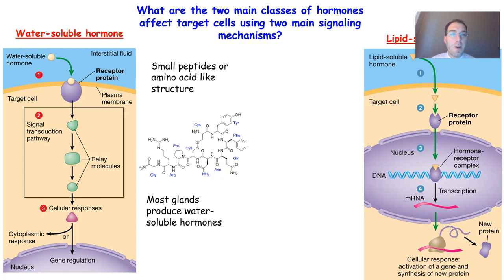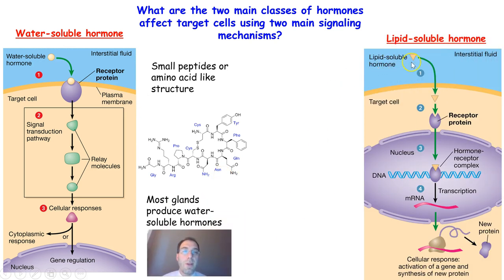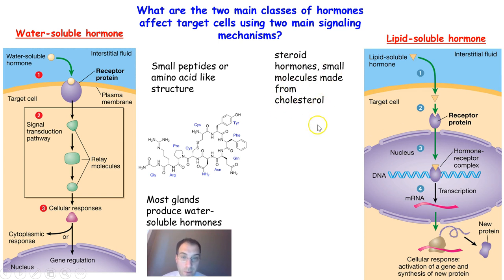However, there is another class of hormones I want you to be familiar with. They are lipid-soluble hormones. They are often steroids or small molecules made from cholesterol. You can recognize them by these big rings that are here.